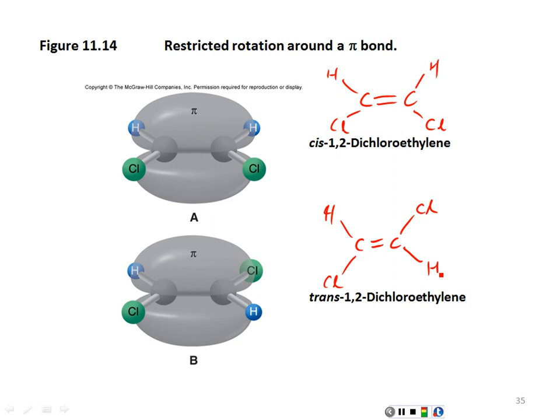This is what's known as cis, being on the same side, and trans, being on opposite sides. It's not really important in this class, but if you go on to organic chemistry, this becomes extremely important to know.